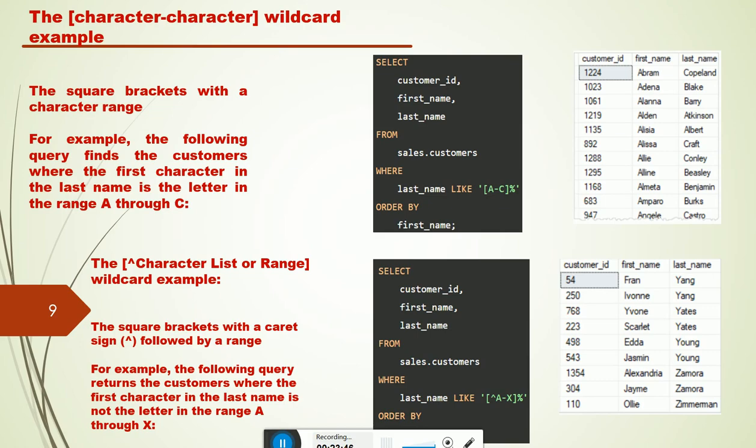SELECT customer_id, first_name, last_name FROM sales.customer WHERE last_name LIKE '[^A-X]%'.